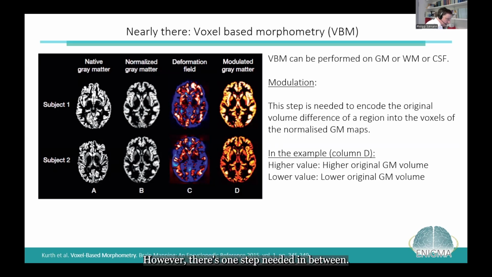However, there's one step needed in between, because if you perfectly align the shape of the cortex or the gray matter map, you might also reduce inter-individual variability. In other words, you might make the brain so similar that you wouldn't find any differences anymore.